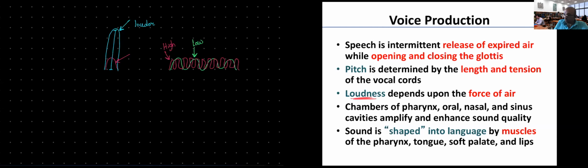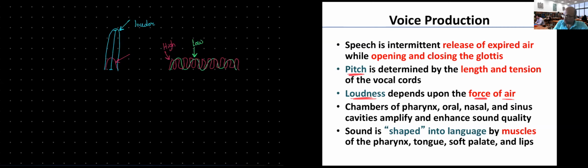Loudness is going to be determined according to the amount of air and the force of air that you are putting out of your lungs. So when you're speaking, what you're doing is simply pushing air out of your lungs, and this air, as it passes out to the outside of your lungs, it causes the vibration of the vocal cords, and the vibrations here of the vocal cords is what's going to be determining the pitch of the sound.